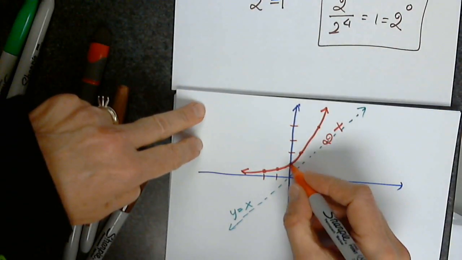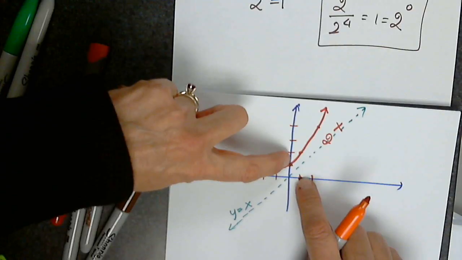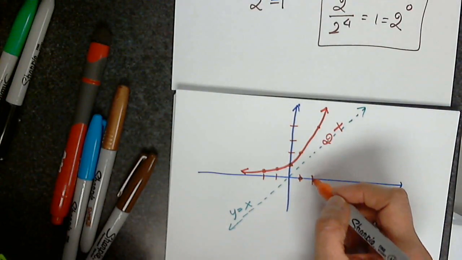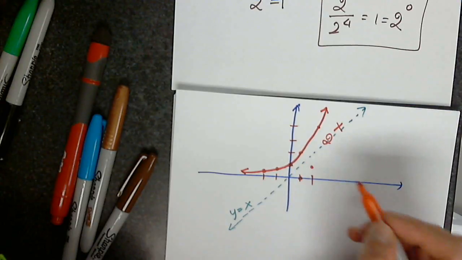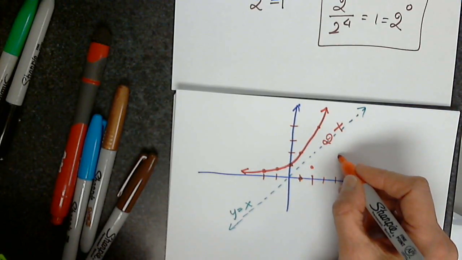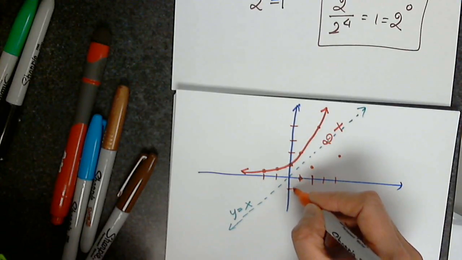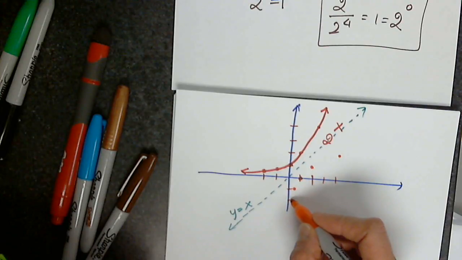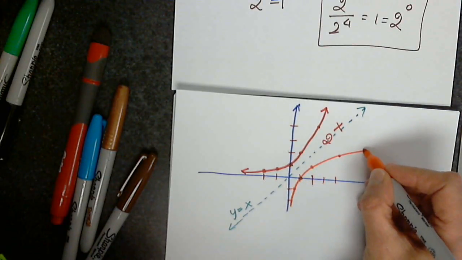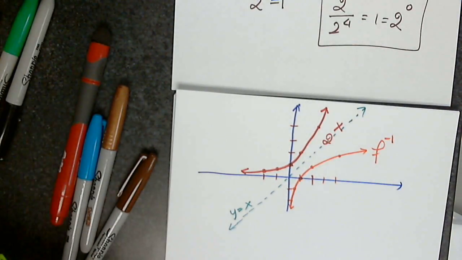You will say 1 and 0 because you are reflecting this over y equals x. Excellent. 2 and 1. 4 and 2. Excellent. 1/2, negative 1. And 1/4, negative 2. Excellent. Here it is. The inverse function of 2 to the x.